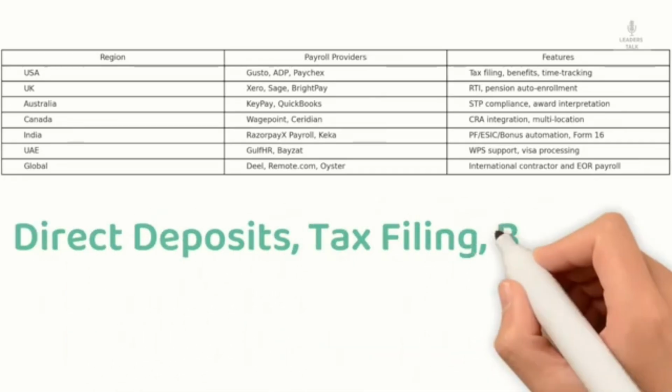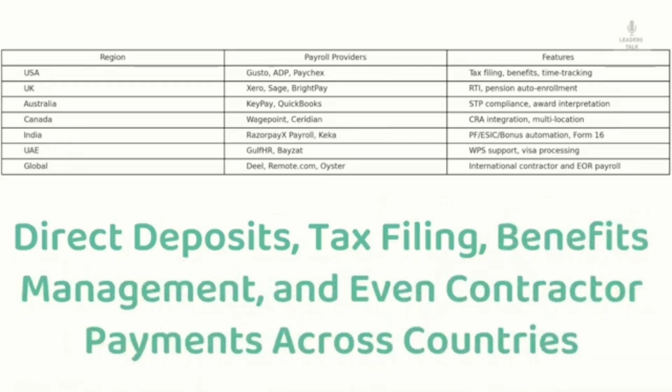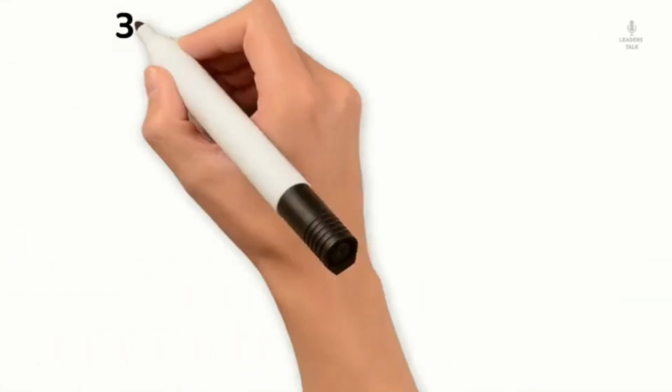In the UAE, Gulf HR and Bayzat focus on Wage Protection System, WPS, support, and visa processing. For global payroll needs, platforms like Deel, Remote.com, and Oyster specialize in international contractor payments and employer of record, EOR, payroll services. These services offer direct deposits, tax filing, benefits management, and even contractor payments across countries.